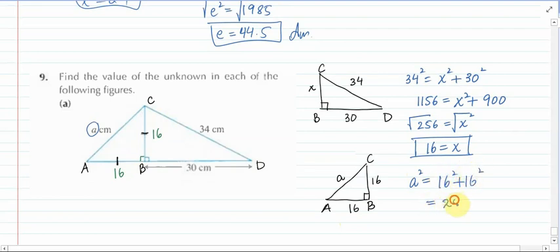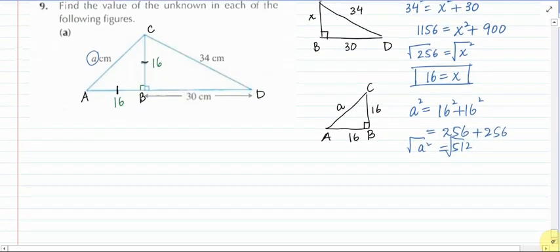So 16 square is 256 plus 256, it will be 512, and taking the root on both sides, root of 512 is 22.6 centimeter. So that is the value of this length.